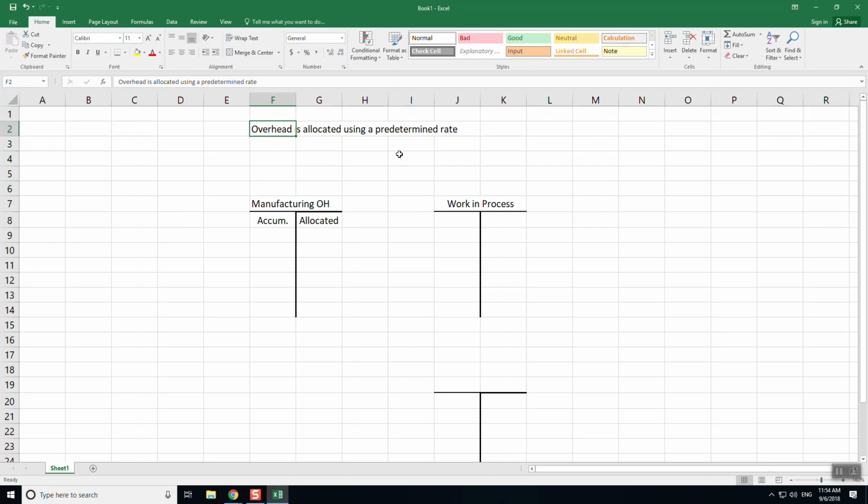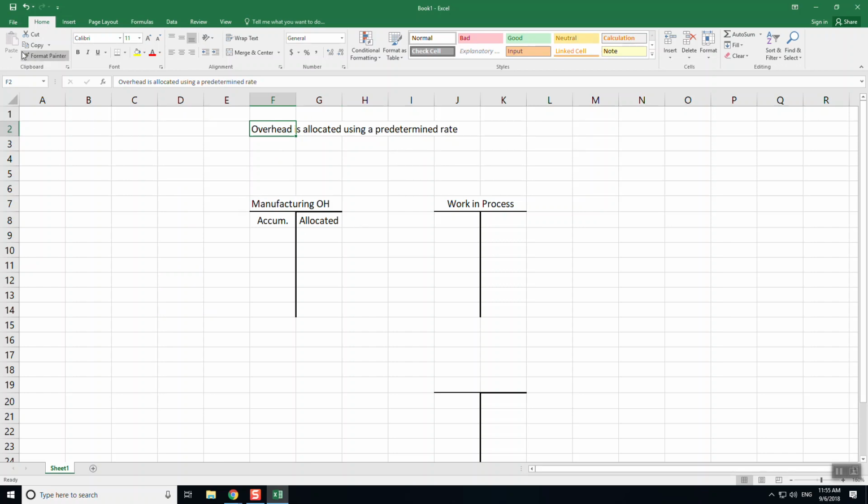So they say, okay, for every hour, this is just an example, for every hour of direct labor, we're going to move 50 cents of overhead. And they probably did some sort of study, and in the past, it appeared that that's a close enough number. 50 cents for every dollar of direct labor comes out to be what the overhead cost is.